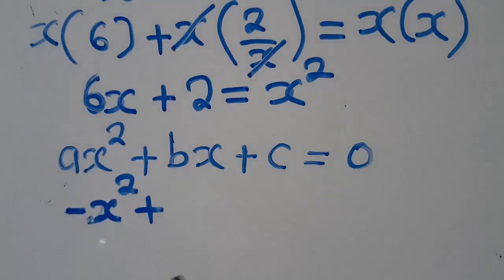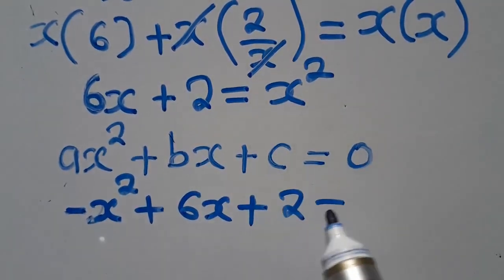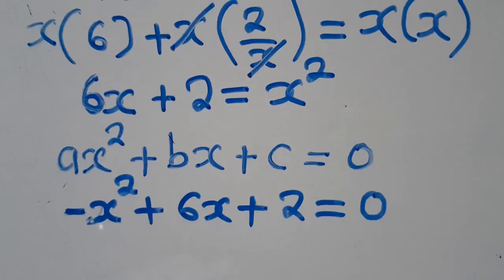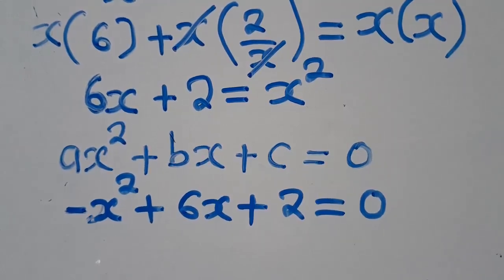Plus, the 6x maintains its plus, plus 2, which is equal to 0. This is now a quadratic equation. We've written this in a good format. This is how you need to answer such a question.